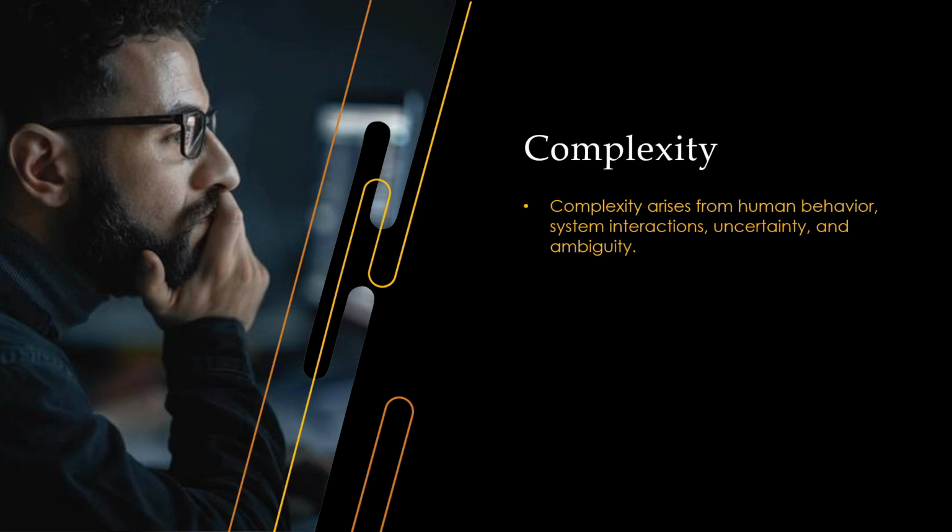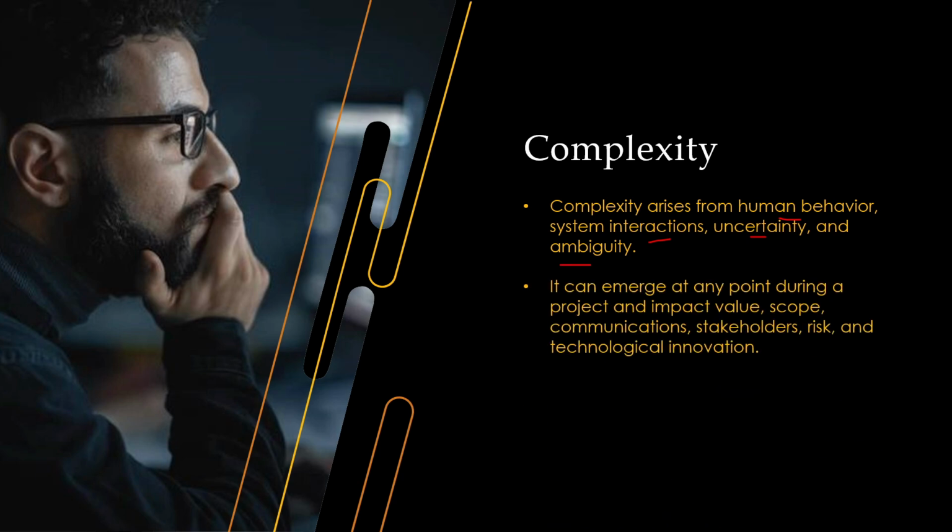This mix creates challenges that are not easily controlled but must be acknowledged and managed. So basically, complexity is going to arise from human behavior, system interactions, uncertainty, and ambiguity, which is something that you will have to acknowledge and manage.